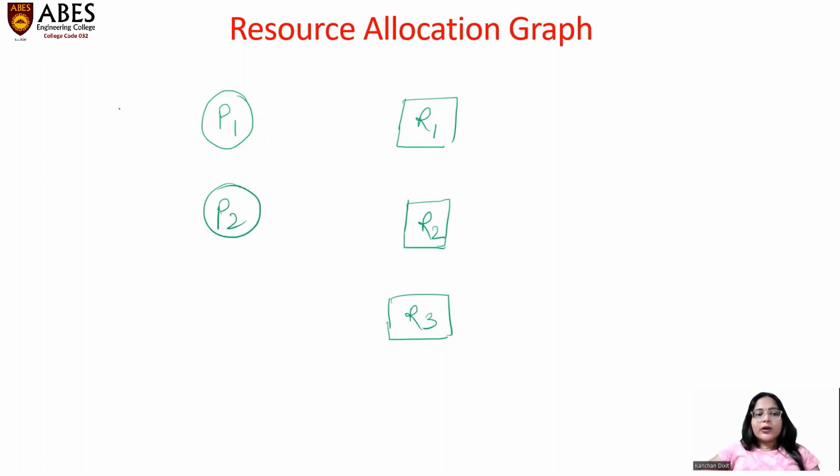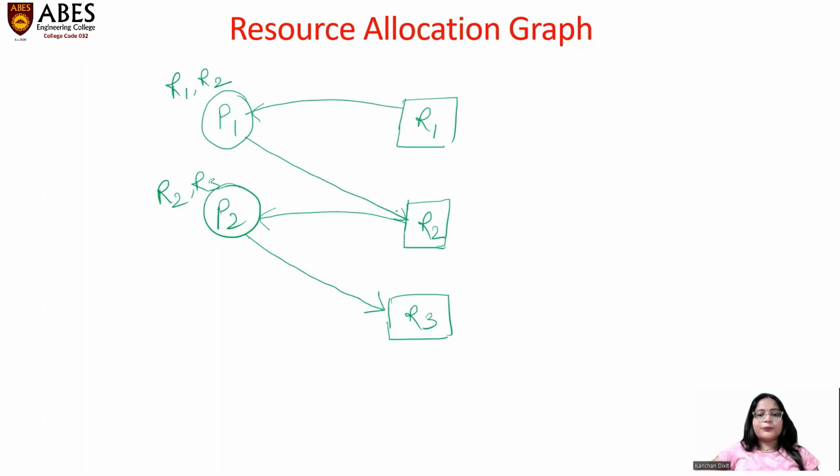P1 requires resources R1, R2 and P2 requires resources R2, R3 to complete their execution. R1 is already allocated to P1 and R2 is already allocated to P2. P2 is requesting R3 and P1 is requesting R2.